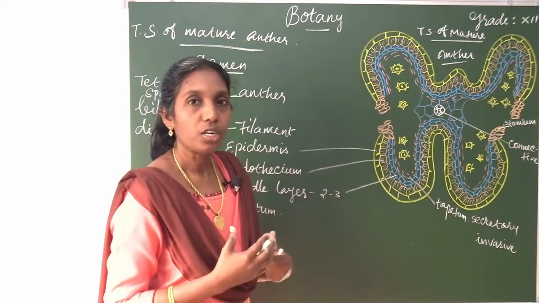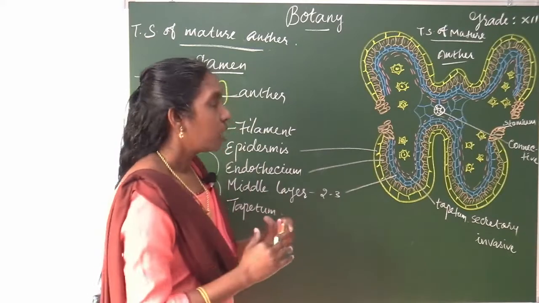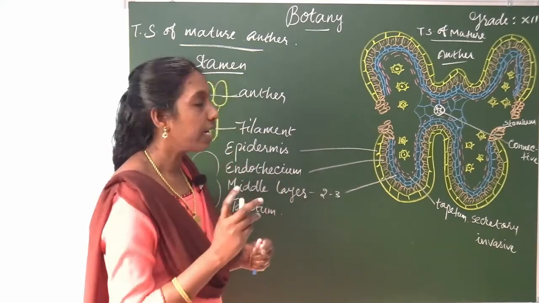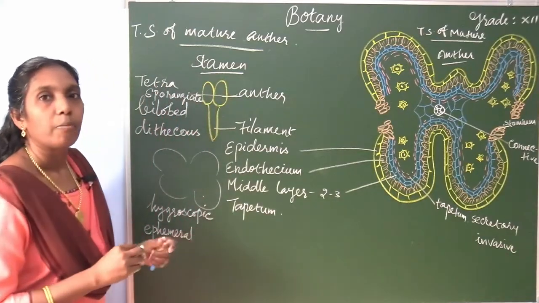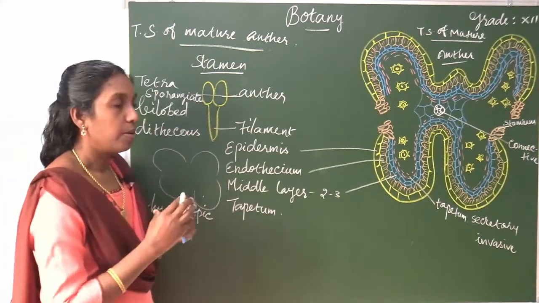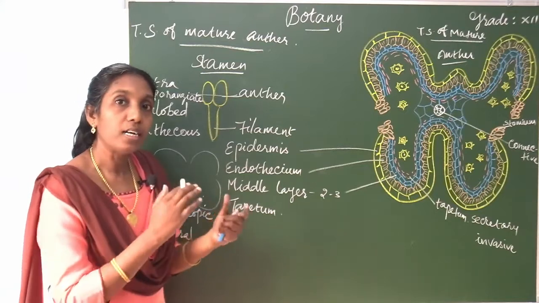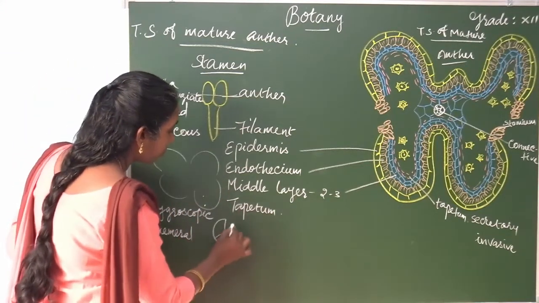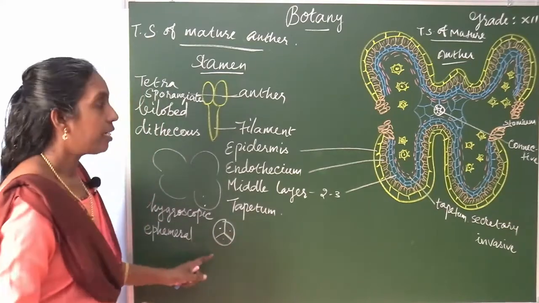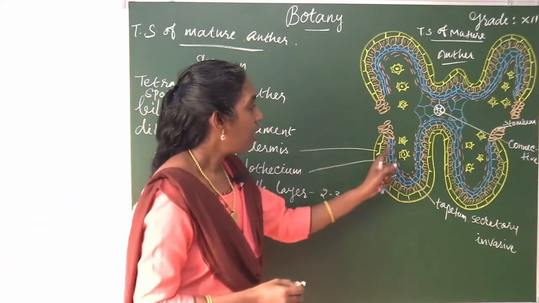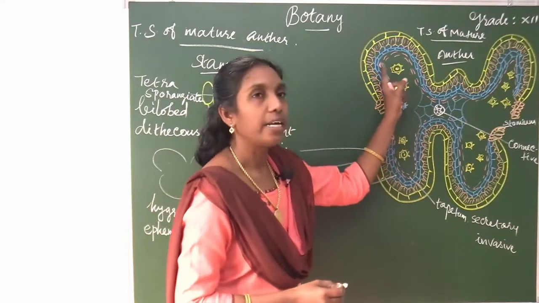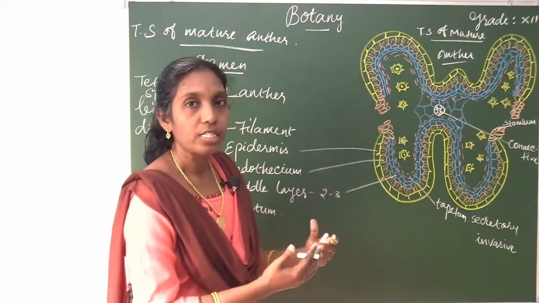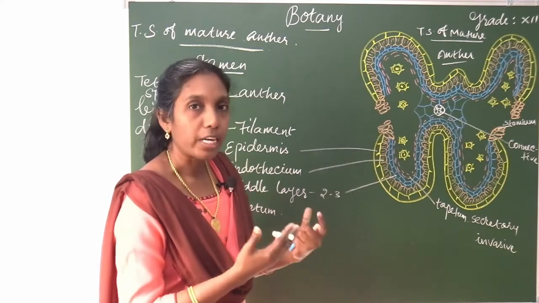What is the function of tapetum? The well development of tapetum is seen at the tetrasporangiate stage, when the microspores are formed in the form of tetrad. In this stage, the tapetum develops well. The function is that it nourishes the developing microspores.